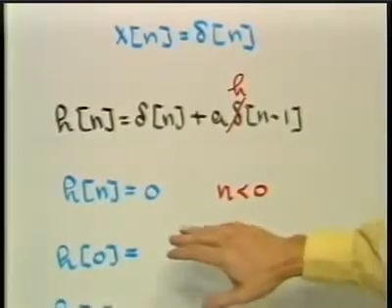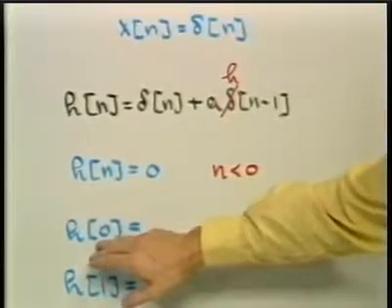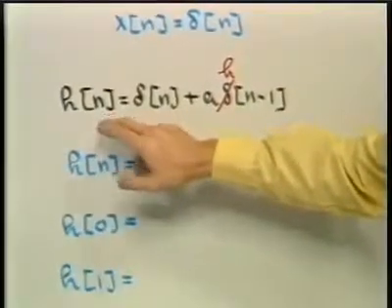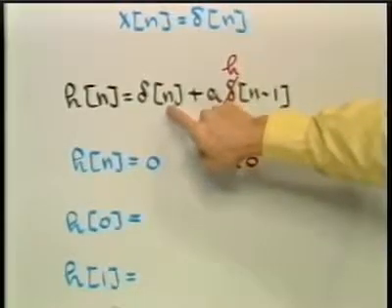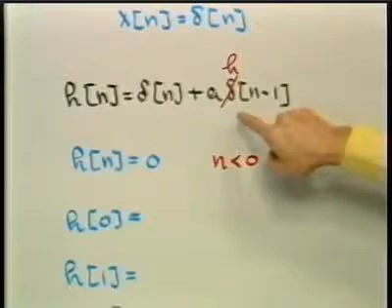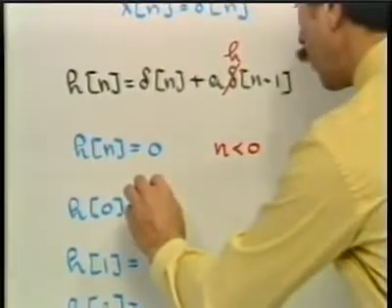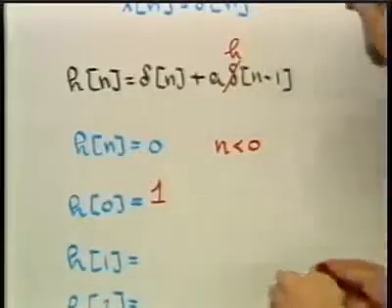And now let's work out what h of 0 is. Well, h of 0, with n equals 0, is delta of 0 plus a times h of n minus 1. H of n minus 1 is 0. And so h of 0 is equal to 1.